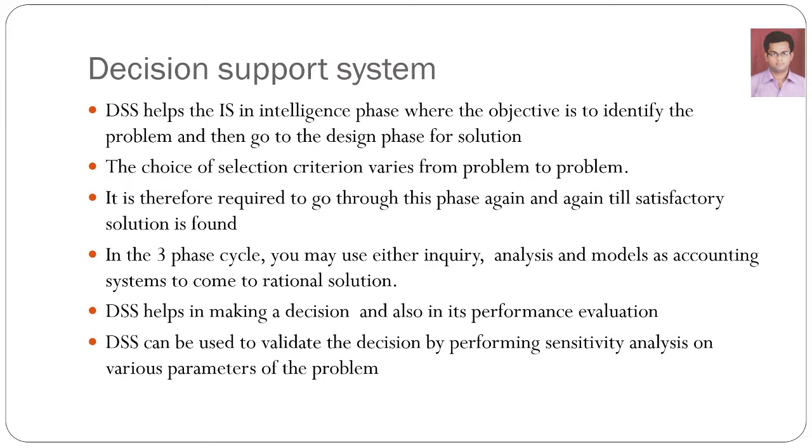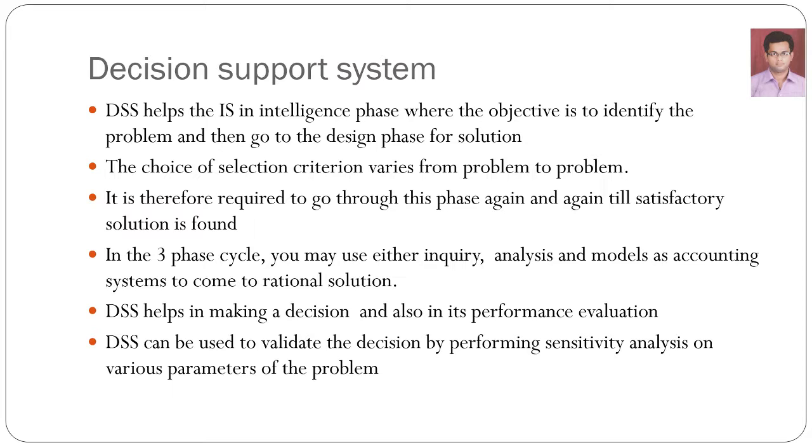Decision support system. DSS helps the information system in the intelligence phase, where the objective is to identify the problem, and then go to the design phase for a solution. The choice of a selection criterion varies from problem to problem. It is therefore required to go through this phase again and again till a satisfactory solution is found.